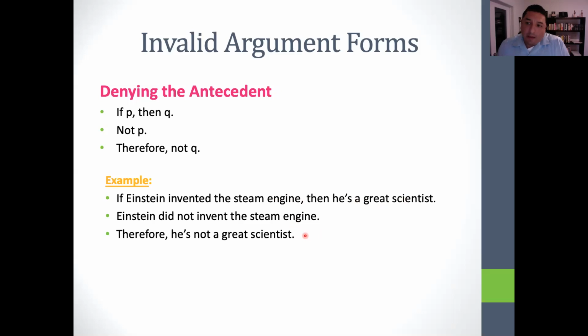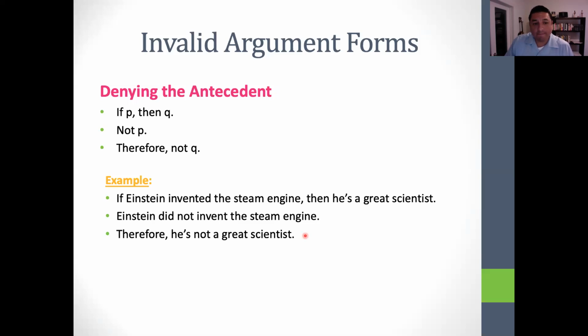So that's why it's an invalid argument form, because remember the definition of validity that we learned earlier, which is that a valid argument is one where if the premises are true, then the conclusion must be true. And what do you have here? An argument where the premises are true and yet the conclusion is false. Okay, so that makes it an invalid argument. And whenever you have this form, that form is going to be invalid, because it's going to lead to this wrong result.